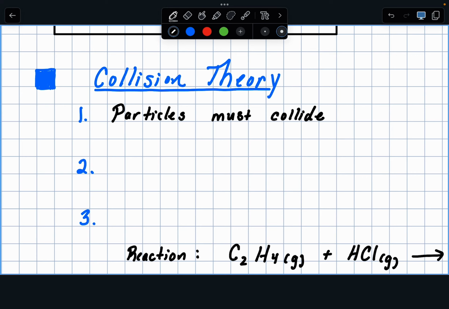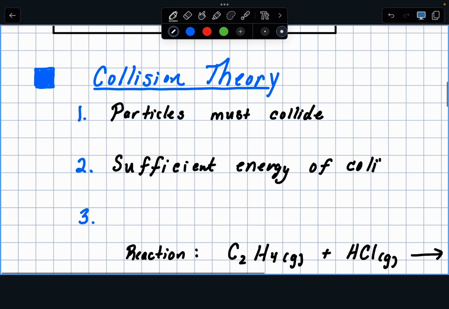And then the particles must collide with sufficient energy. So I'm just going to put sufficient collision energy. And then the last one is that they have to collide with the correct orientation.